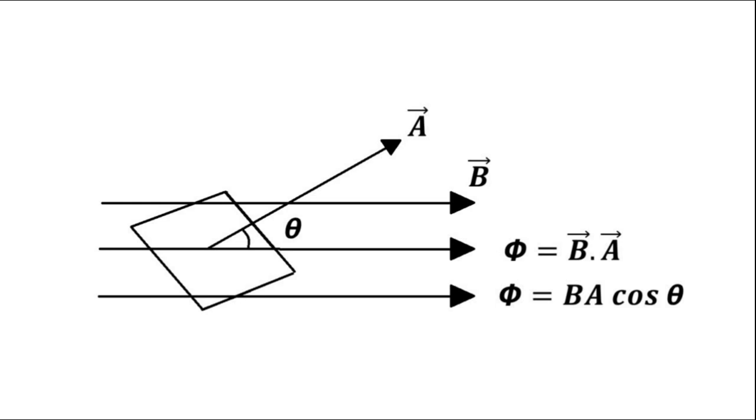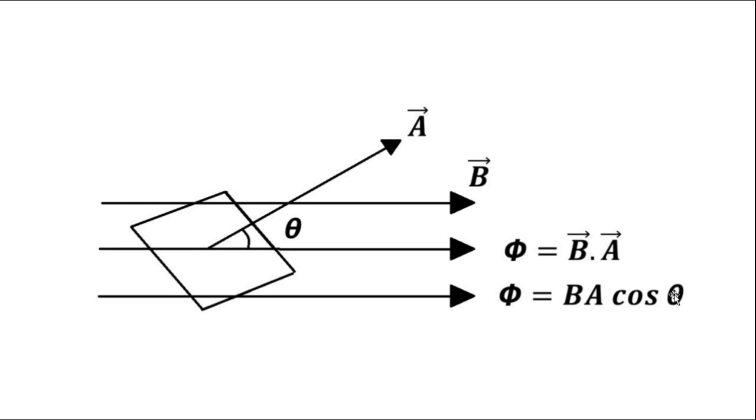If they are at a particular angle, that gives us the cos theta part, the dot product of B vector and A vector. The maximum number of magnetic field lines pass through it when this theta angle is 0. In that case cos 0 will be 1.